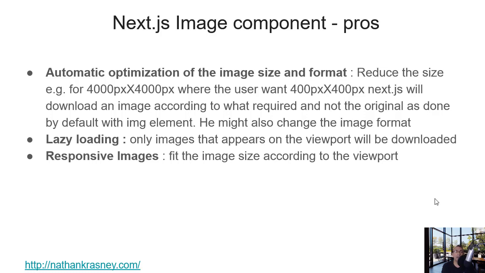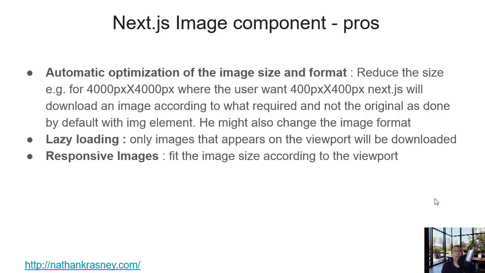So if you try to use the IMG element and write a width of 400 and a height of 400, and you check the network, you will see that the image is downloaded with its full size. It will show only 400 by 400 pixels, but the whole picture will be downloaded. So this is a waste of time. And using Next.js, this will not happen.